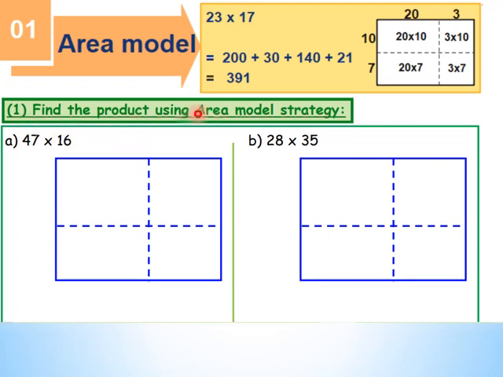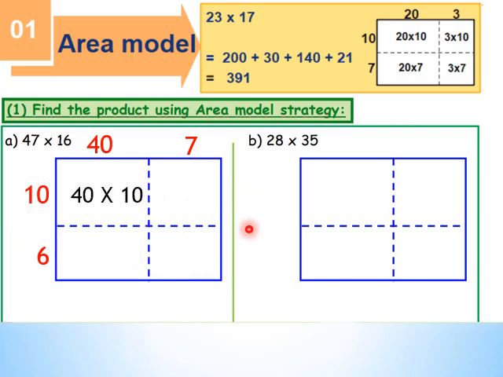Find the product using area model strategy. If I have 47 by 16, so I will write 47 on one side and 16 on the other side. I will split 47 into 40 and 7, and 16 will be split into 10 and 6. Now I will get the area of each single rectangle.